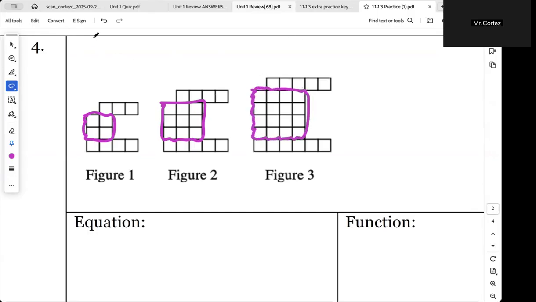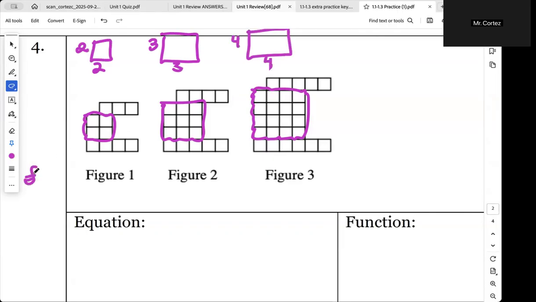So if you start to nitpick that square, hopefully we can agree. At figure 1, it's a 2 by 2. At figure 2, it's a 3 by 3. Here it would be 4 by 4. And then hopefully that's enough to say that at figure 0, it should just be that 1 by 1.